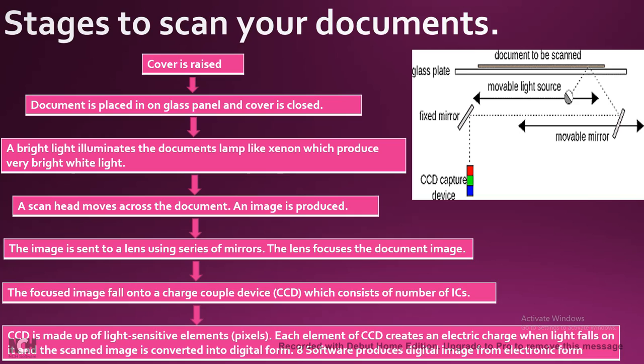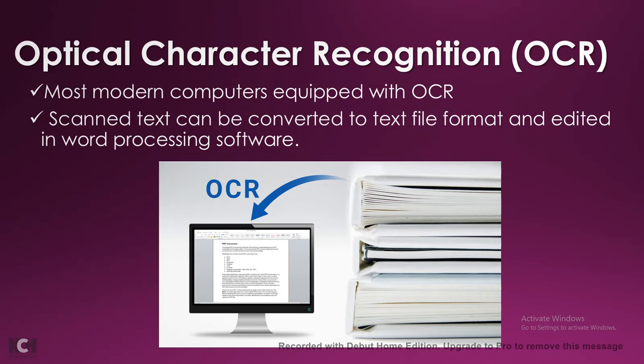Now the next slide is OCR. Nowadays computers are equipped with OCR, or you can install an OCR app on your mobile. Basically, with OCR, scanned text can be converted to a text file format, and OCR is used to edit text files. Actually, a flatbed scanner brings your file in image form, or non-editable form.